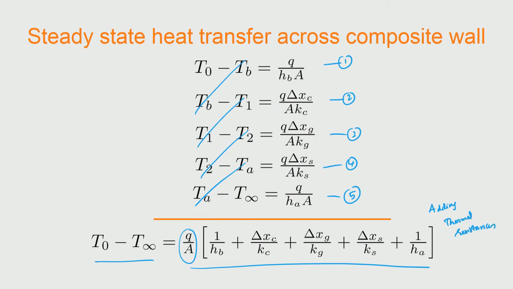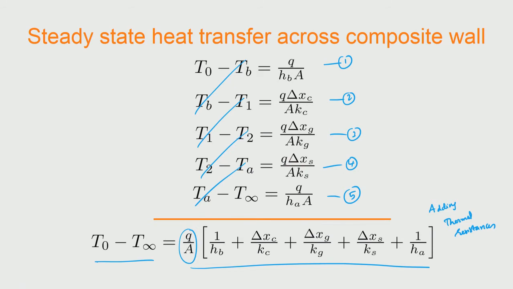Which means that we are taking the electrical analog and simply adding them as if they are in series, and then finding out what will be the temperature difference, which means that when it comes to composite wall problems, you can go ahead and use the resistance analog for the thermal field also, and then solve the problems.